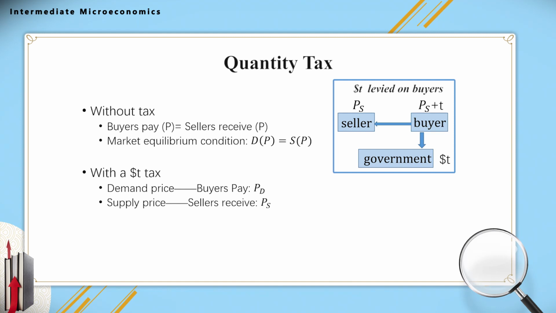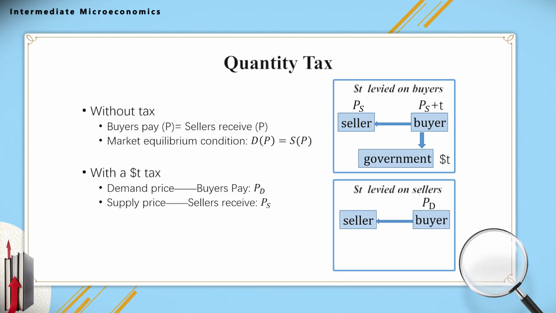If the tax is levied on sellers, when the buyers pay PD for each product, the government will charge T as a tax. Then the sellers can only receive PD minus T. Therefore, regardless of whom the tax is levied on, PD is always greater than PS by T.